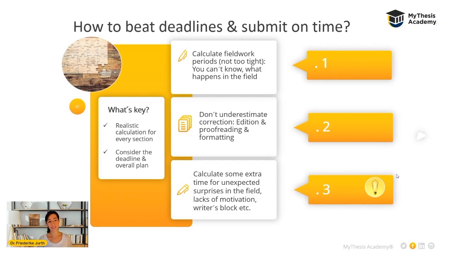I put it here right at the beginning, because if you keep this kind of tips in mind, I'm sure that it will make your life at the time of thesis writing easier.